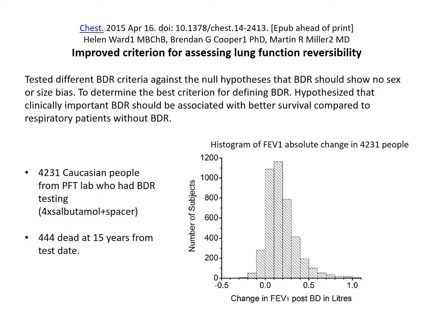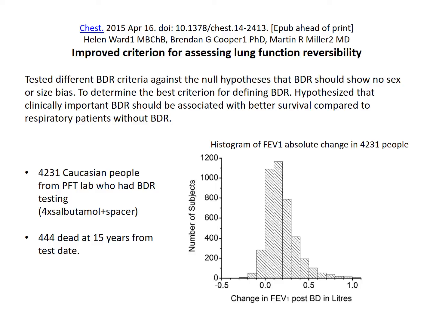So they're trying to reject or nullify the common view of something. And they were trying to determine the best criteria for defining the bronchodilator response. They hypothesized that a clinically important bronchodilator response should be associated with better survival compared to respiratory patients that did not have a bronchodilator response.